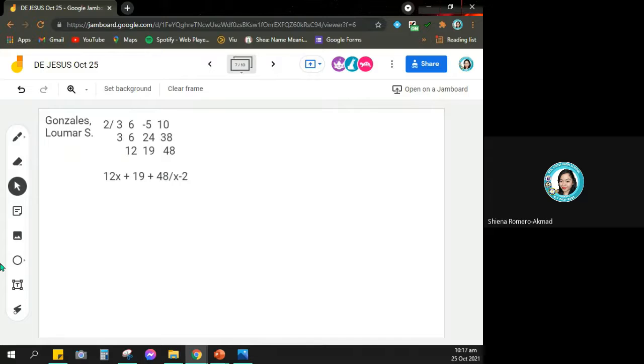Yung given natin ay, sulat ko lang, 3x raised to 4 plus 6x cubed minus 5x plus 10 divided by x minus 2.